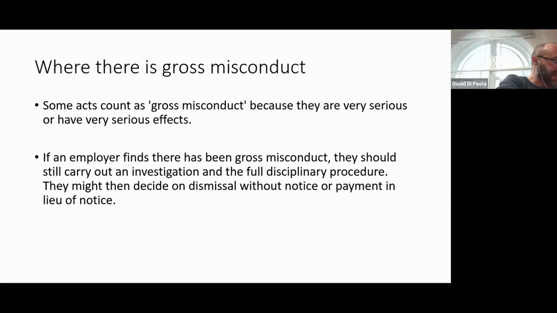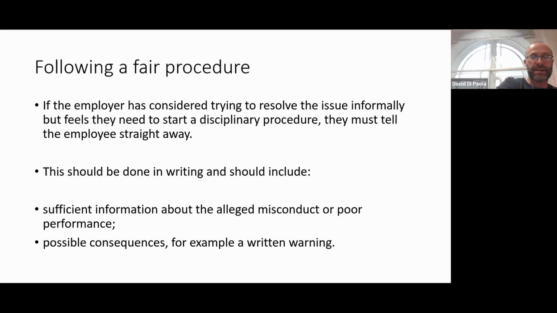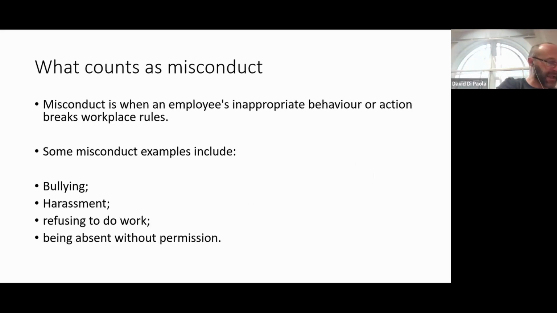So, thanks, Natasha, for flipping it on. If we just go back one slide, please. Thanks. Thank you very much. So this one is the more classic issue of why you take disciplinary action against someone, and that's often to do with their conduct. And basically, is it misconduct? Is this where an employee's inappropriate behaviour or action breaks workplace rules?